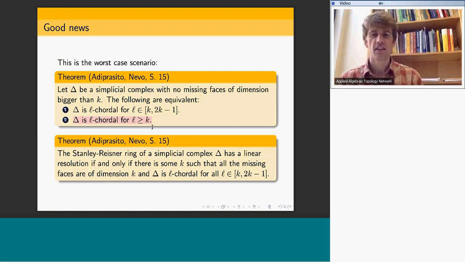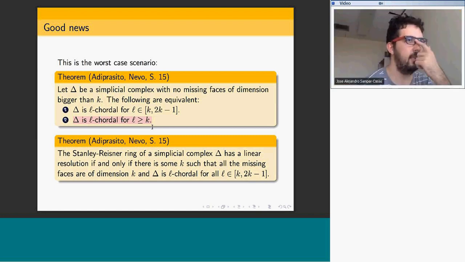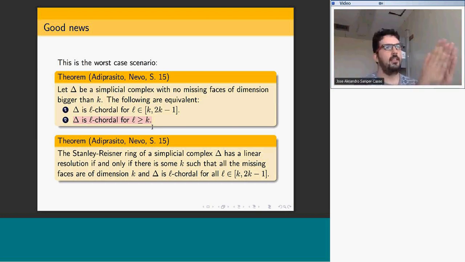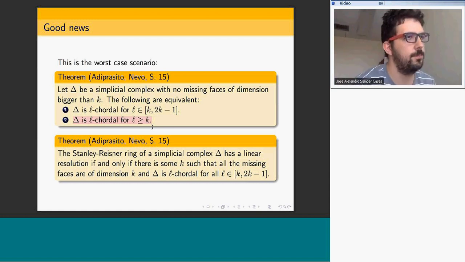That's nice, so it's the analog of the graph case. It does not go up for a good reason, because when you take joins, you can create higher dimensional holes. But if you take joins of things that have small dimensional holes, and you guarantee that in the complex you did not introduce holes up to dimension 2k minus 1, you don't introduce holes at all.